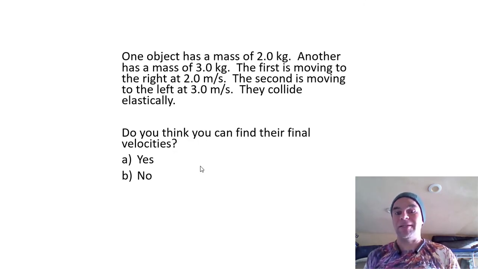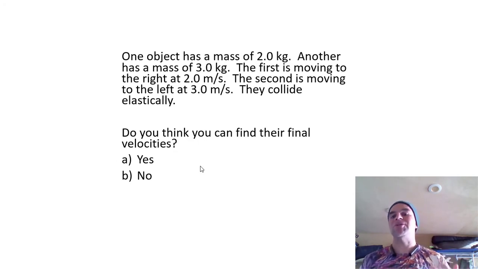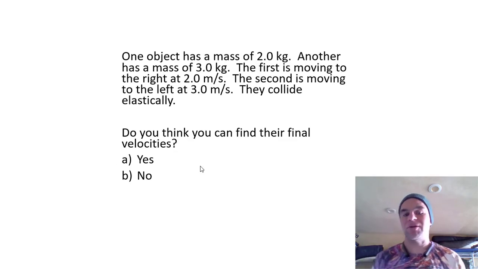You're going to be in a bind if you just use the conservation of momentum here. You need something else, and that is the conservation of energy. While you can find the final velocities, yes, you need another equation to do so, because you're going to have two unknowns, so you need two different equations in order to solve for the final velocity of both particles that rebound during an elastic collision.